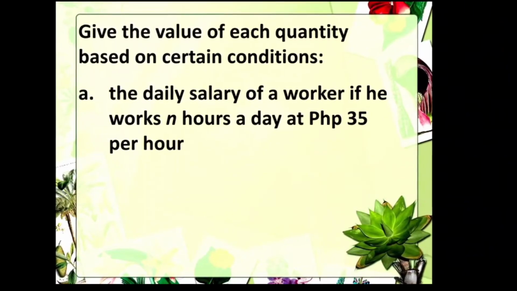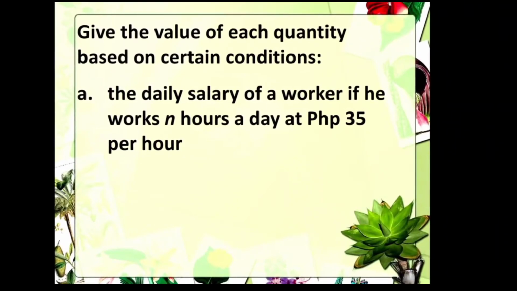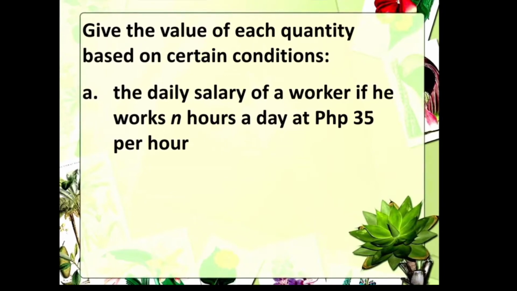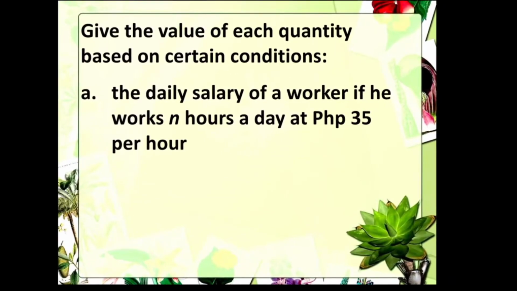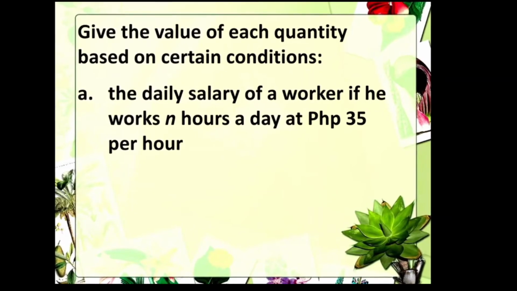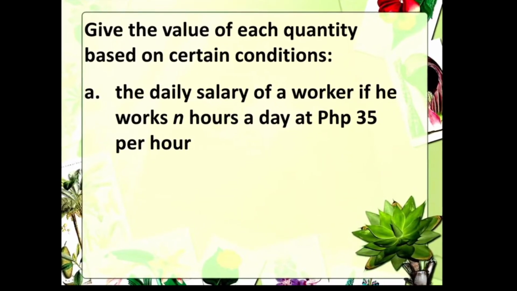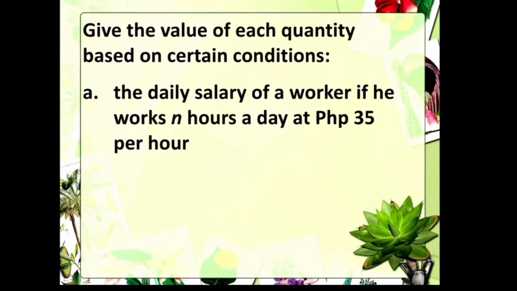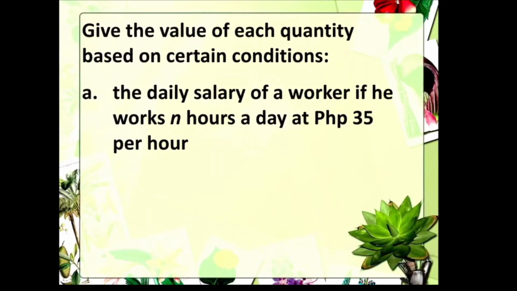As you've noticed, we use multiplication to identify the total amount of money you earn when you work for 2 hours. So in this case, we can also use multiplication to find the daily salary of a worker if he works n hours.